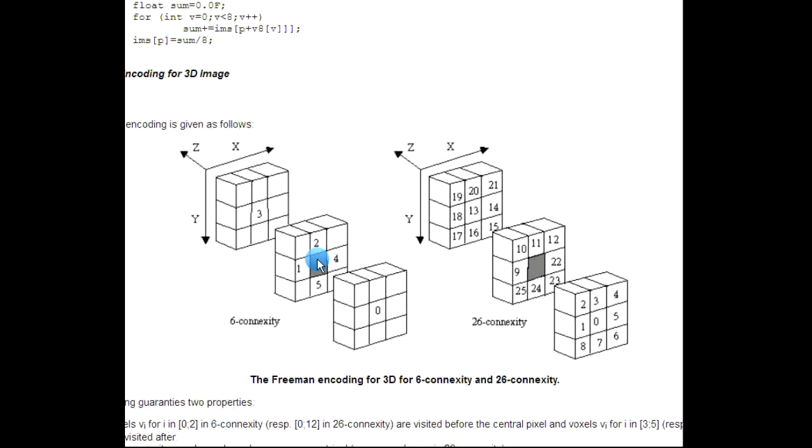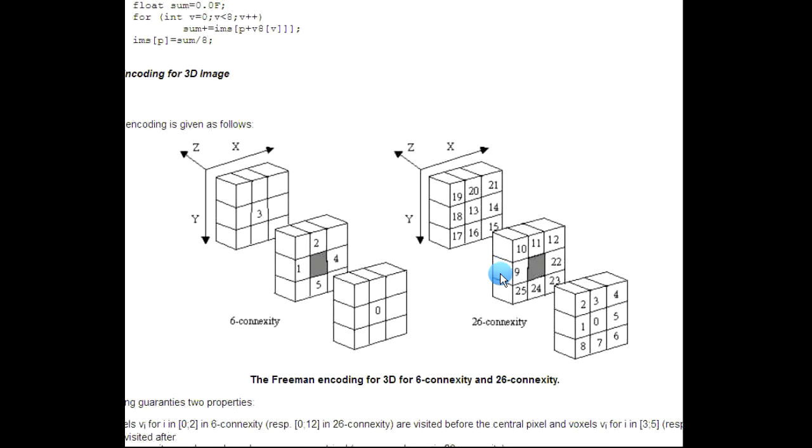So what I do is I check these 6 voxels, and if any of these voxels has opacity 0, then I consider this voxel as a surface voxel.